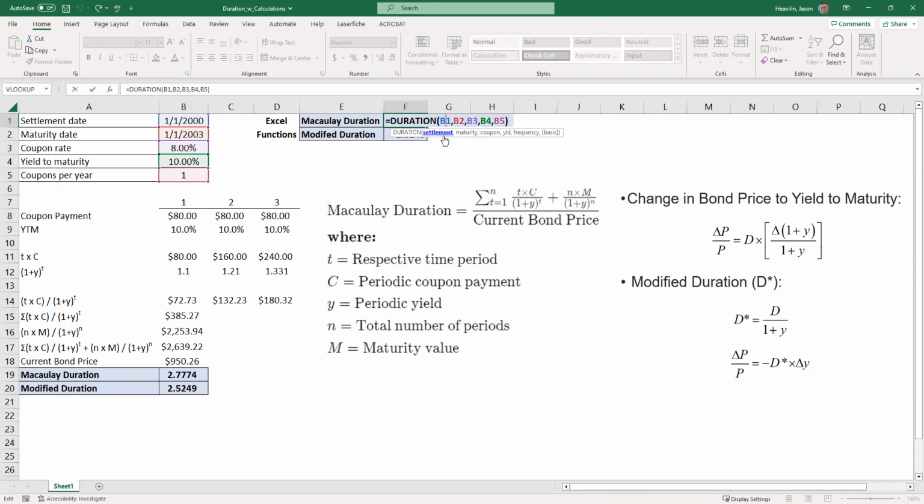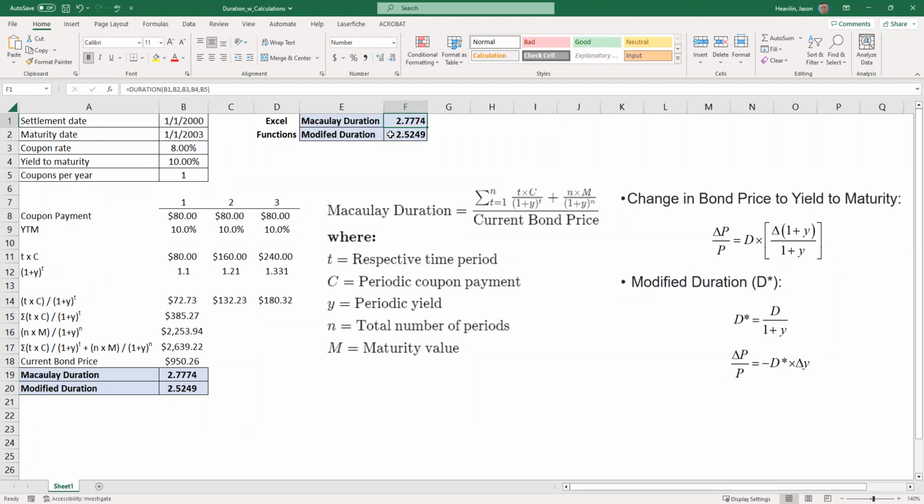The settlement date, that's here. Your maturity date, that's here. Your coupon rate, that's there. The yield to maturity, that's there. And the frequency, how many times per year, and that's there. And that's how you get that 2.774.